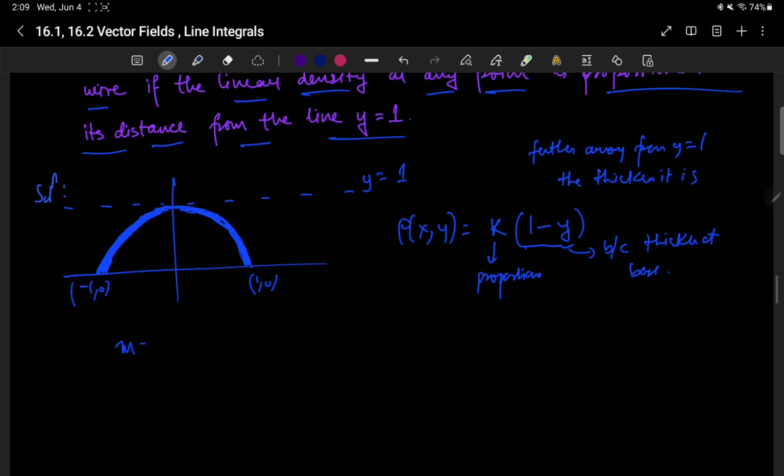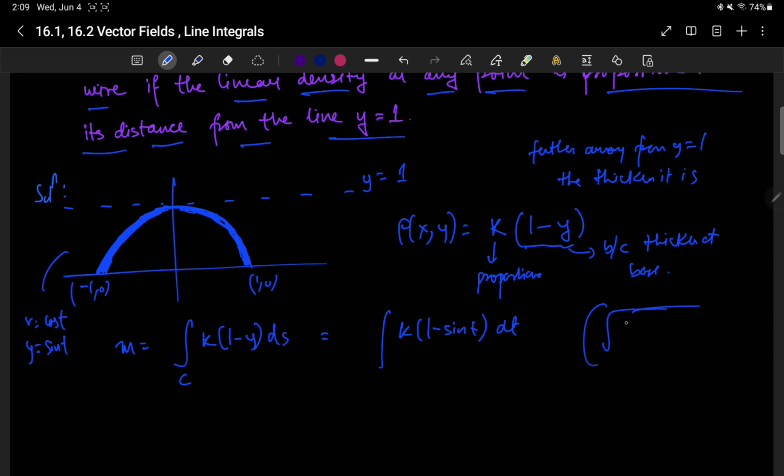So the first thing we will find is the mass of the wire, which becomes the line integral of the density function along the curve C. But this is a semicircular case, so I have x equals cosine t and y equals sine t as parameterization, so that this now becomes the integral of k times 1 minus sine t dt, because the square root of dx/dt squared plus dy/dt squared equals 1 for circular shapes.